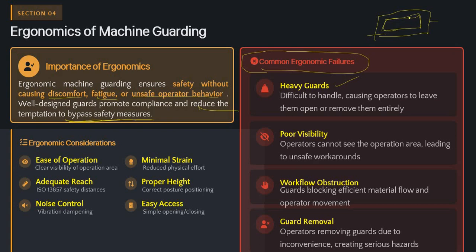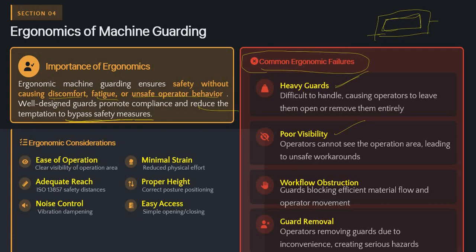When I did the investigation, they said that the guard is heavy and it is difficult to handle. They require two people to remove and place it, so for that reason they removed that guard. So I always ensure the guard should not be heavy. Difficult-to-handle guards cause operators to leave them open or remove them entirely. Then poor visibility: the guards should be clearly visible to operators and the workforce, and should not obstruct the view of rotating parts.